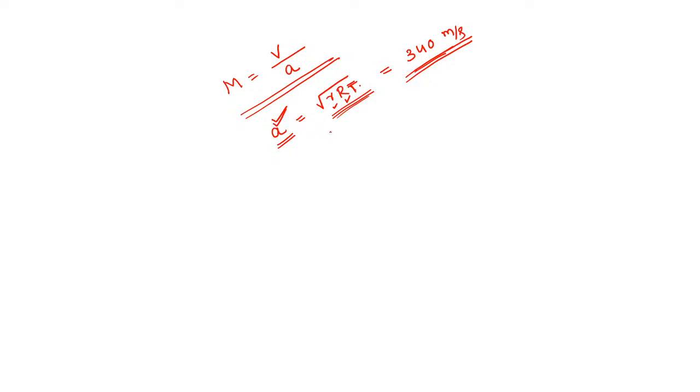But what happens is that this Mach number can be increased just by increasing the velocity. So under these conditions, we can say that the speed of sound is a property of the gas, and Mach number can be increased by increasing the speed.